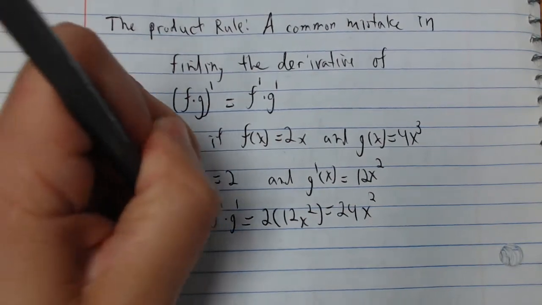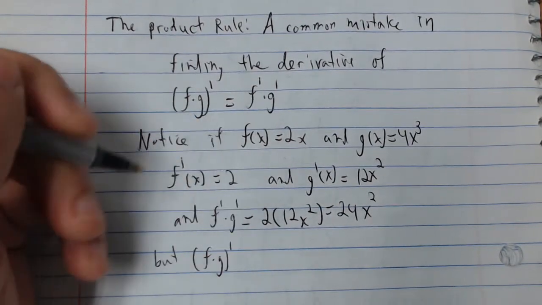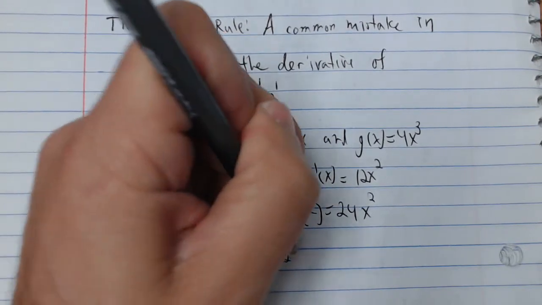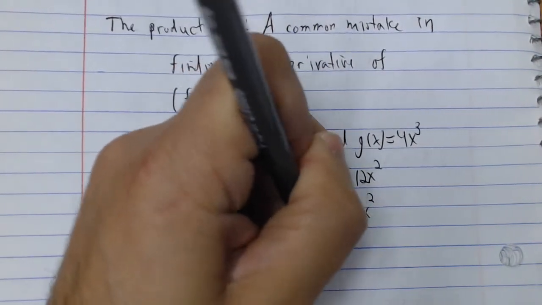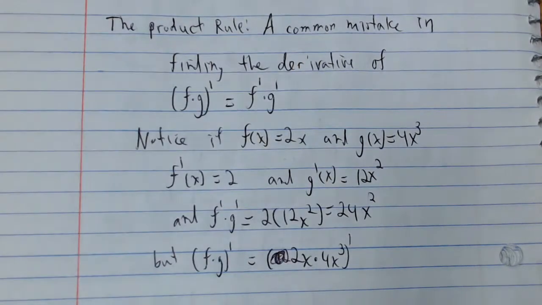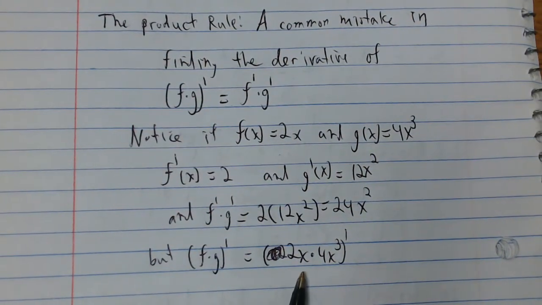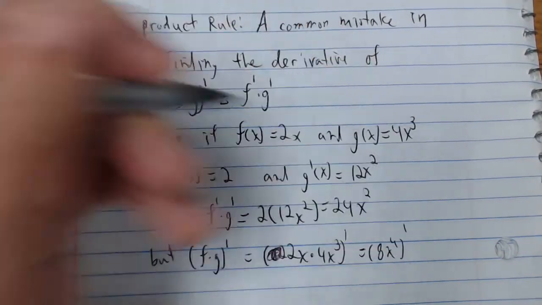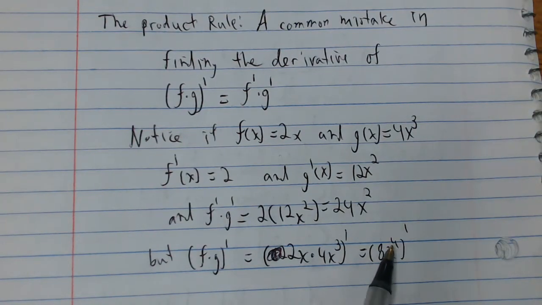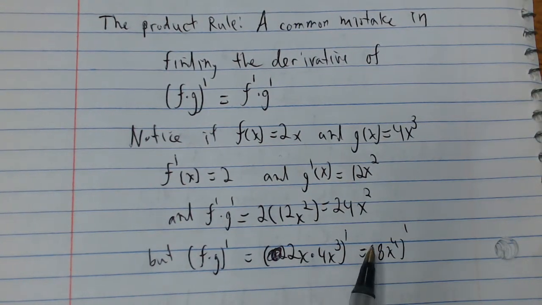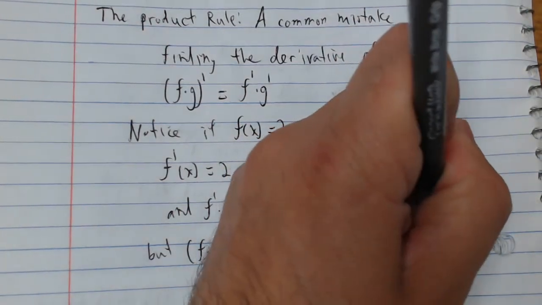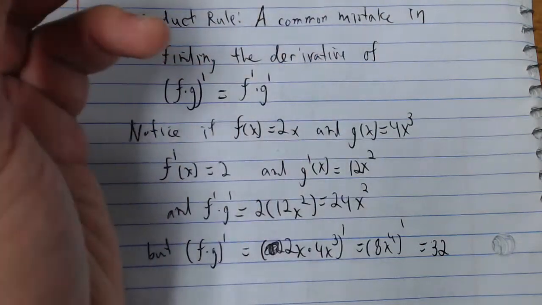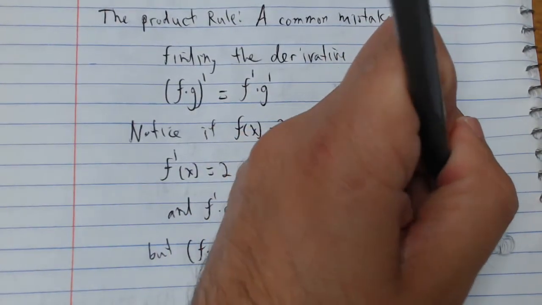But the derivative of f times g would be the same thing as what? 2x times 4x cubed, prime. By following order of operations, 2x times 4x cubed gives me 8x to the fourth, prime. And if I find the derivative of 8x to the fourth, we could use what we talked about last section, which is 32x cubed.